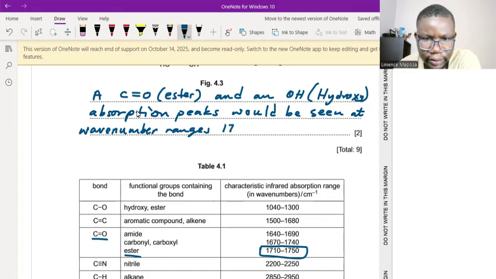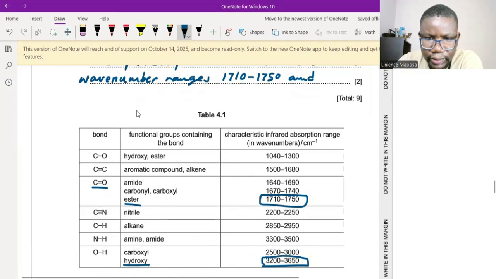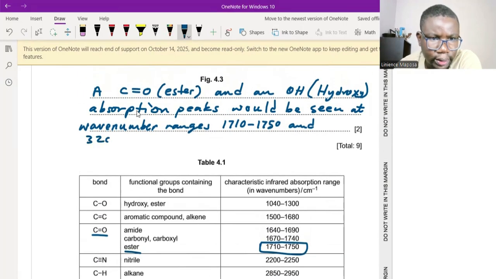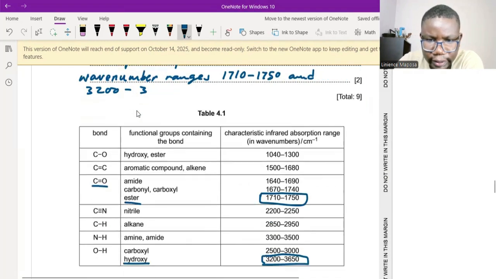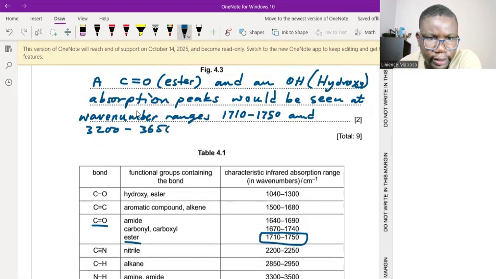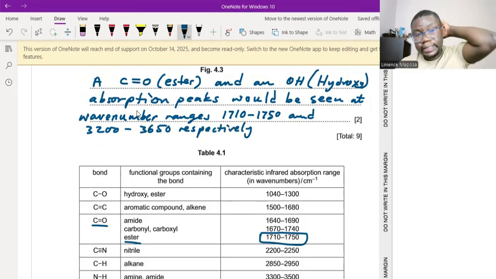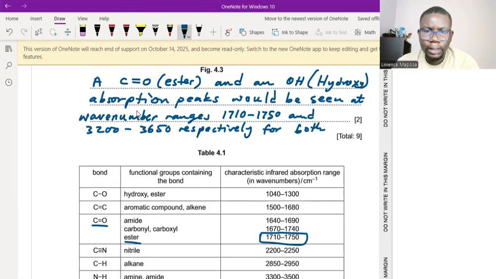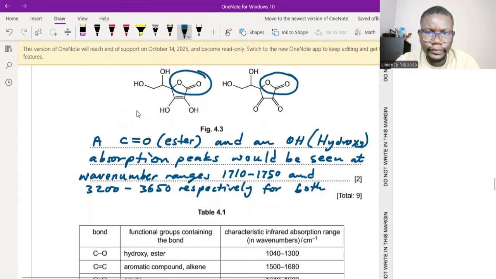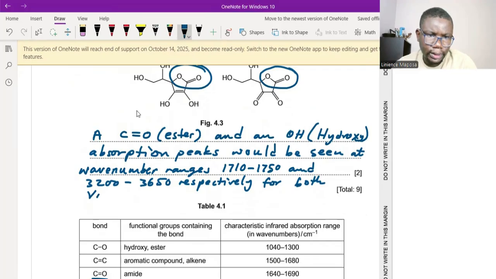So I'll say 1710 to 1750, and the hydroxy one is 3200 to 3650, respectively. Why am I saying respectively? Because I started with the carbonyl first, and then I had the hydroxy. And then I'll say for both vitamin C and Q.